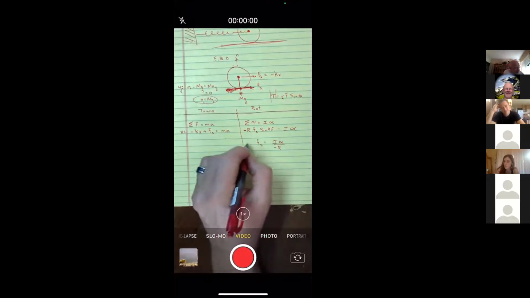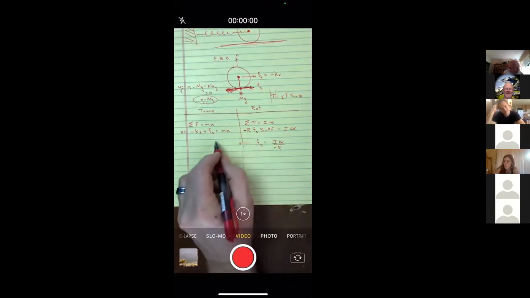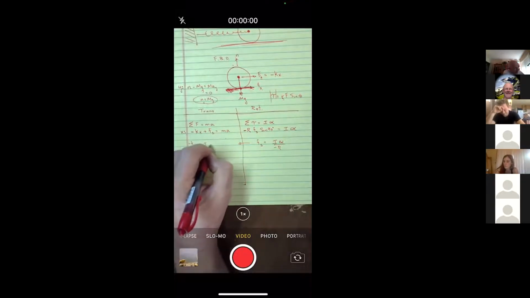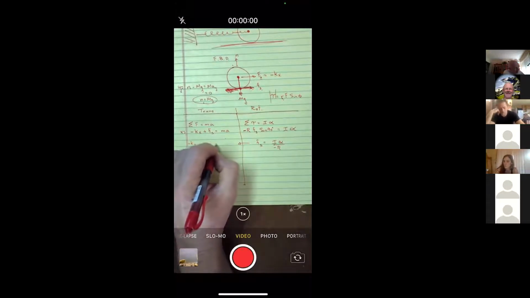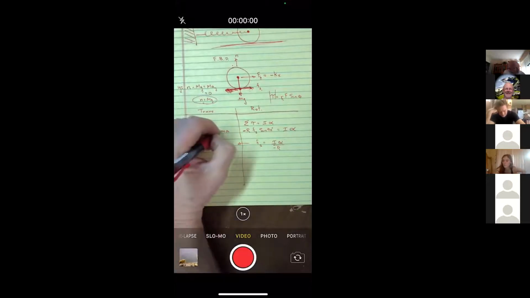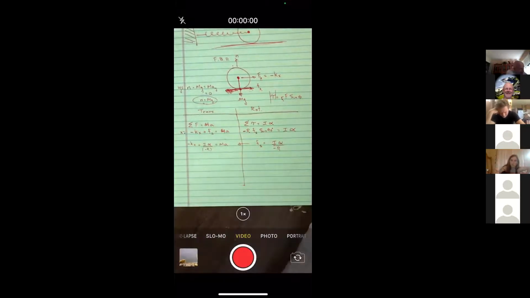And I can use that and then use it over here for the translational motion. And I guess this should have been a capital M. There's only a capital M in this problem.